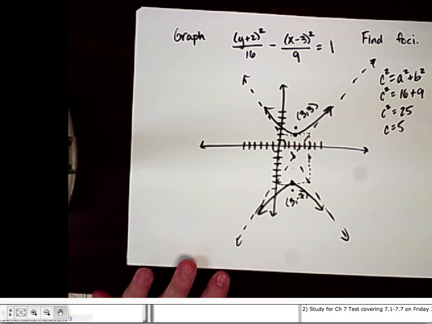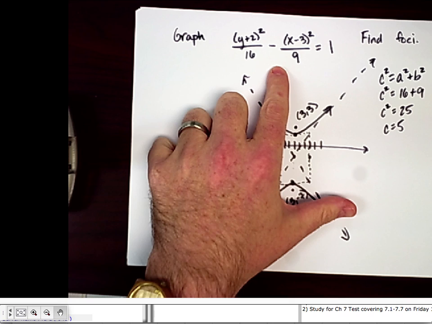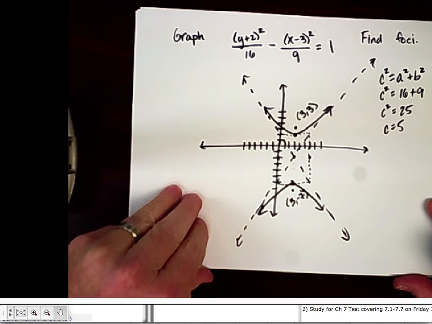Okay. Only way this can get any harder is if I didn't give it to you in standard form, and you'd have to complete the square to get it in this form. Okay. We'll do something like that, but I want to go the other direction. I want to give you a hyperbola, and you give me the graph of one, and you tell me the equation. Okay?